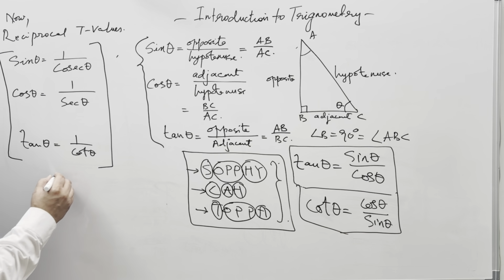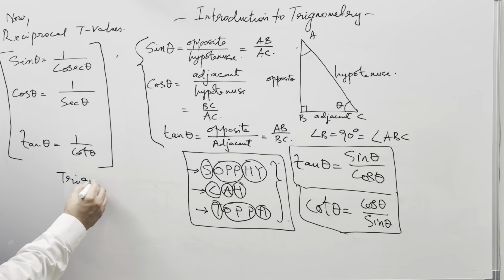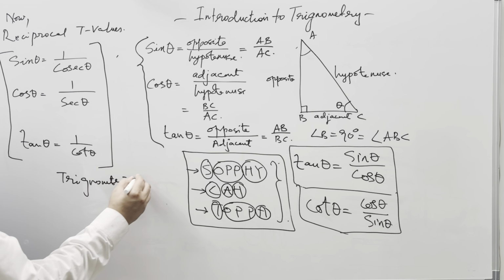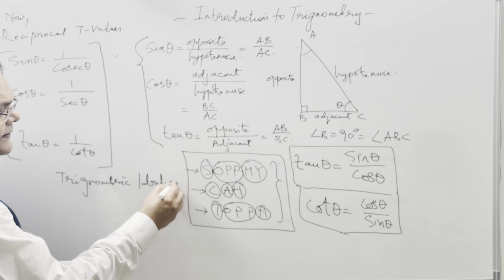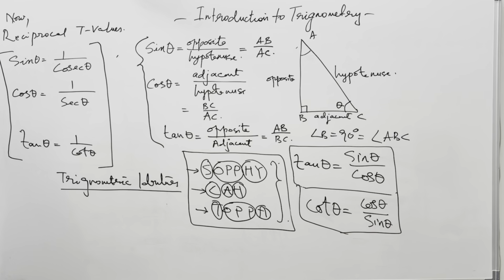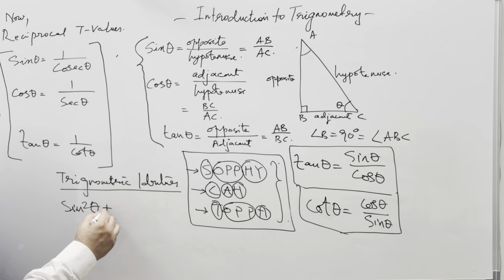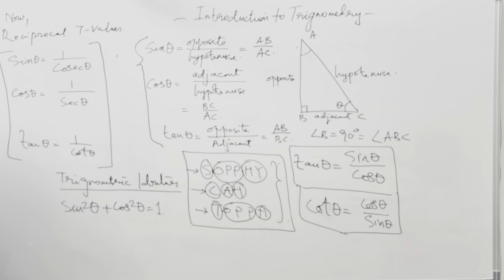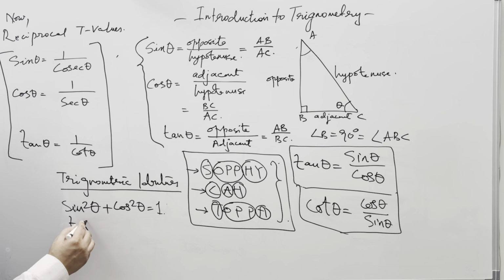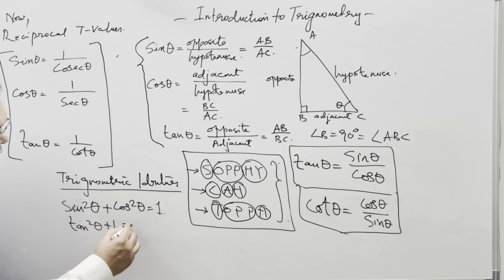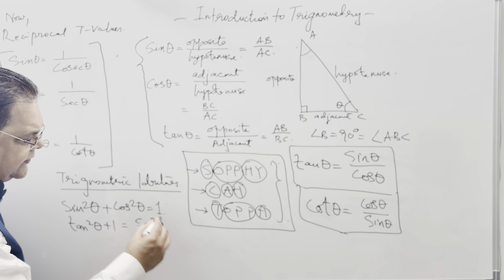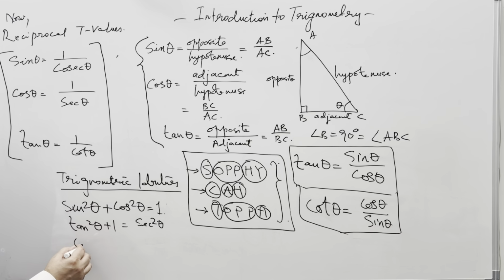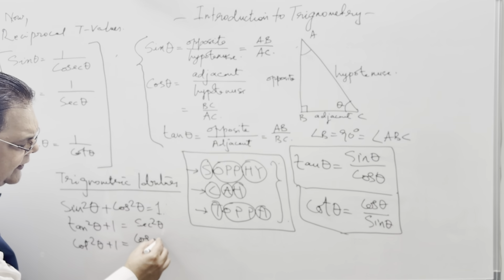One most important thing is trigonometric identities. Sine square theta plus cos square theta is equal to 1. Tan square theta plus 1 is equal to sec square theta. And cot square theta plus 1 is equal to cosec square theta.